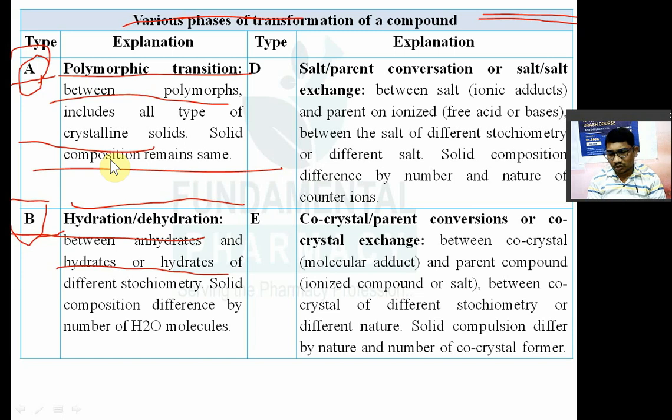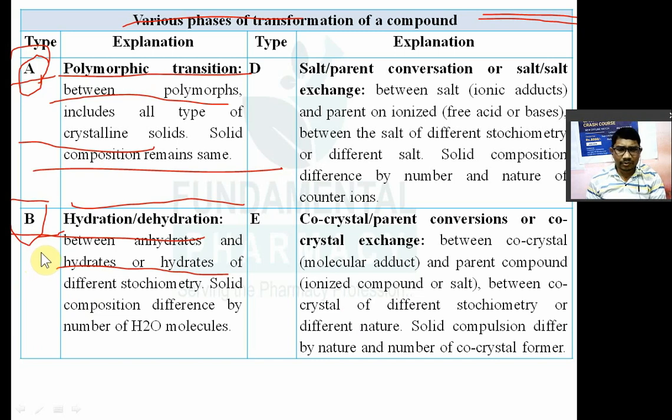Okay? तो molecule transform कैसे हो रहा है, तो उसके phases हैं, right? Are you getting or not? Okay. So phase B of transformation of compound involves the hydration dehydration.